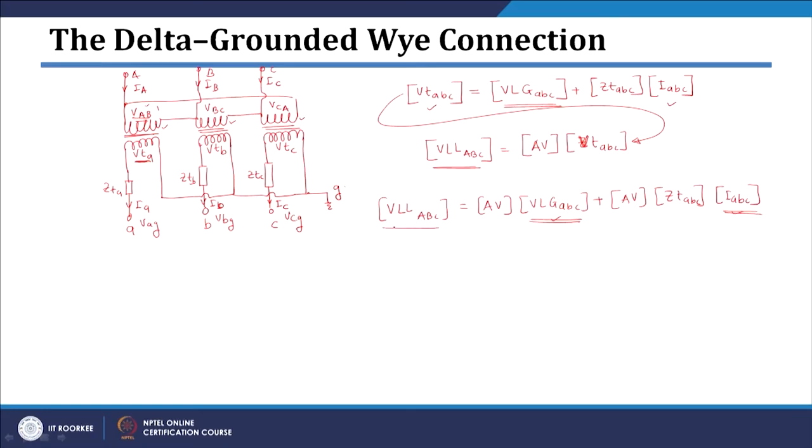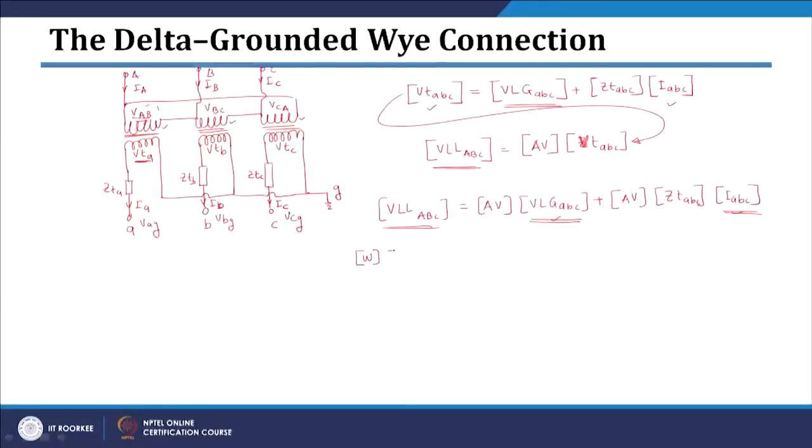However, on this side we are getting line to line voltages, which need to be converted to line to neutral voltages. We have seen the conversion matrix for this: we need to multiply this equation by the matrix W, which is basically the conversion matrix that will convert your line to line voltages into line to neutral voltages.